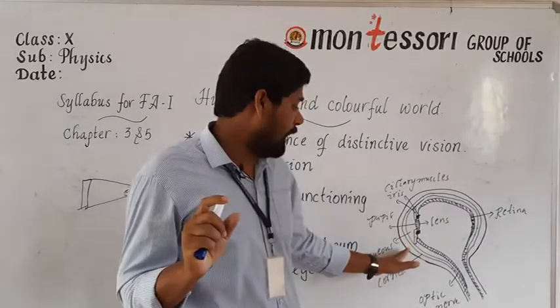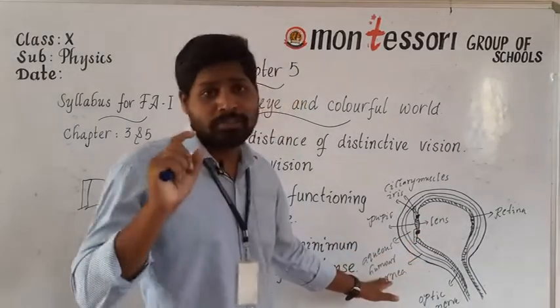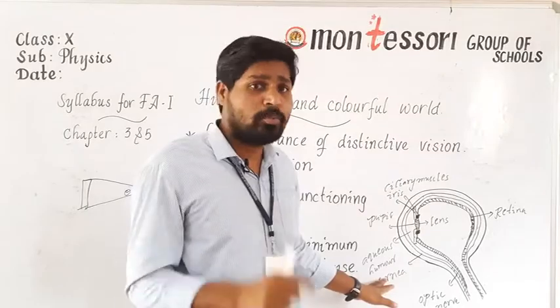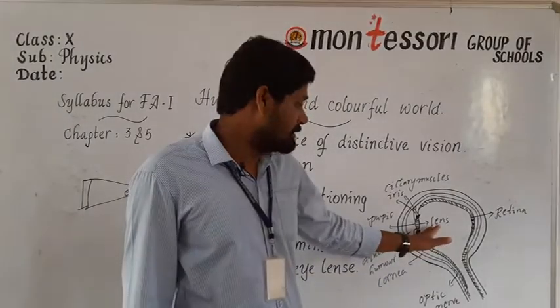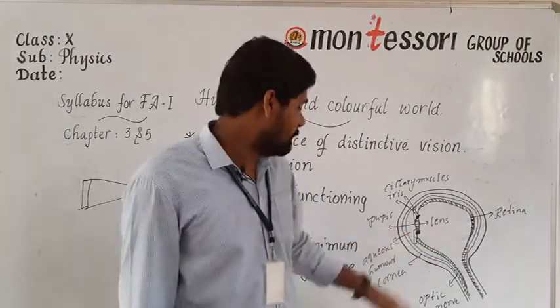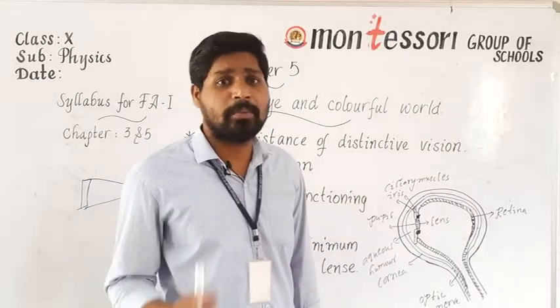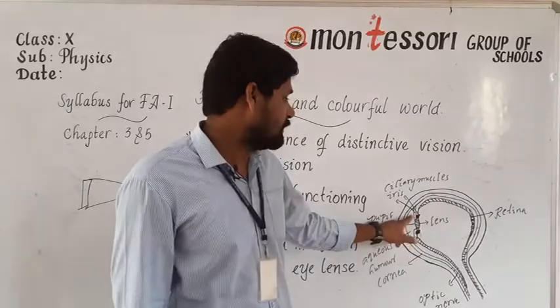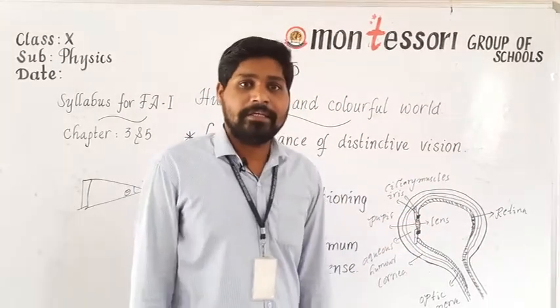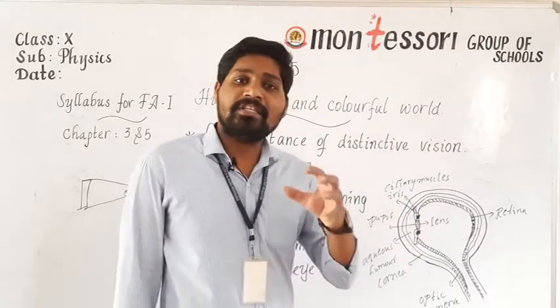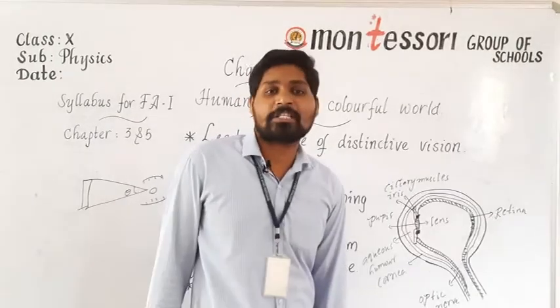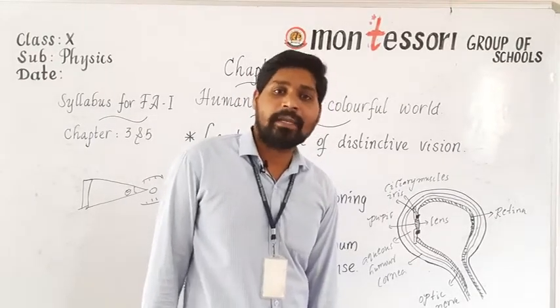After this we have the aqueous humor. The aqueous humor is present between the crystalline lens and the cornea. It always keeps the eyes wet. The next one is the iris. The iris is the only colored part present in our eye.